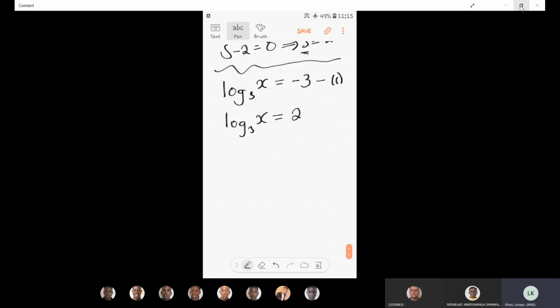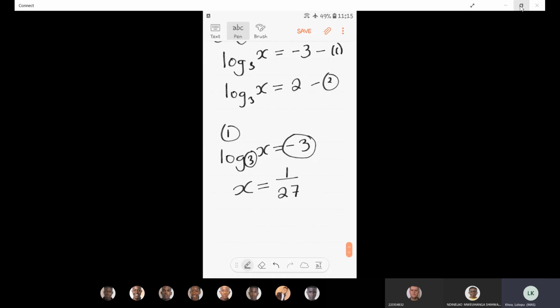Now I'm solving the first one. If log base 3 of x is equal to minus 3, this means that x is equal to 1 over 27. So 3 to the power of negative 3 is equal to 1 over 27. So this is my first solution.